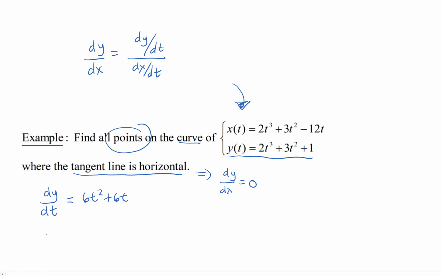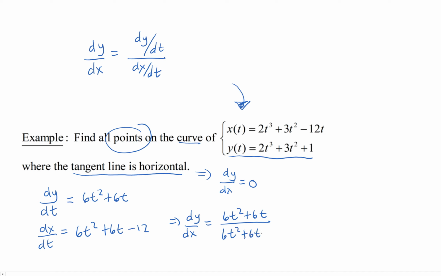And then, moreover, dx/dt is going to be 6t squared plus the 6t. But now that last term on x, minus 12t, gives me a minus 12. And thus, dy/dx is the quotient, dy/dt, which is 6t squared plus 6t, over 6t squared plus 6t minus 12 in the denominator.